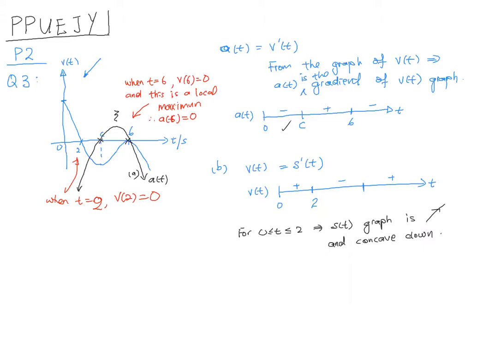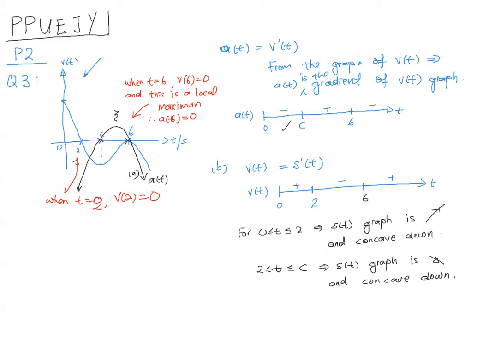Okay. So then I also can know that from T equal to 2 to T equal to C, the ST graph is going down and concave down. Okay, so you look at the graph, both 1 and 2 are correct. Okay, so now we have to go to the next one.